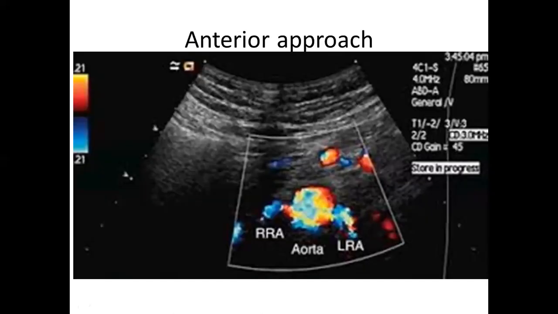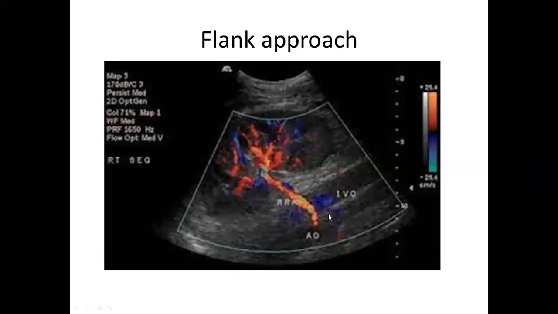So this is my anterior approach picture, which shows the probe above the abdomen, and you can use color Doppler to see the aorta and the renal vessels arising on the lateral sides of the aorta.